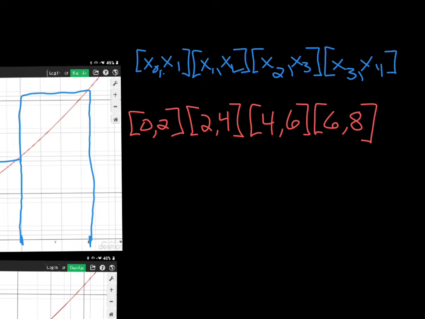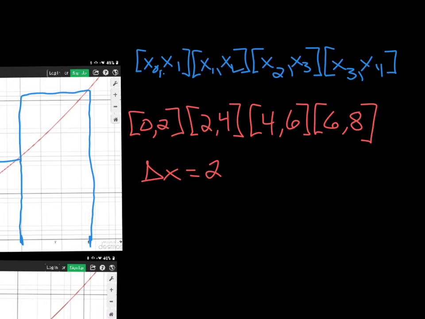We are trying to find the area of each of these rectangles. What do we need for that? We need a width and a height. What is our width? Let's start with that. All of our widths on all 3 of these versions are going to be the same. That's determined by your original interval and how many subintervals you want. We've already decided that we're going to have a width of 2 on every single one.